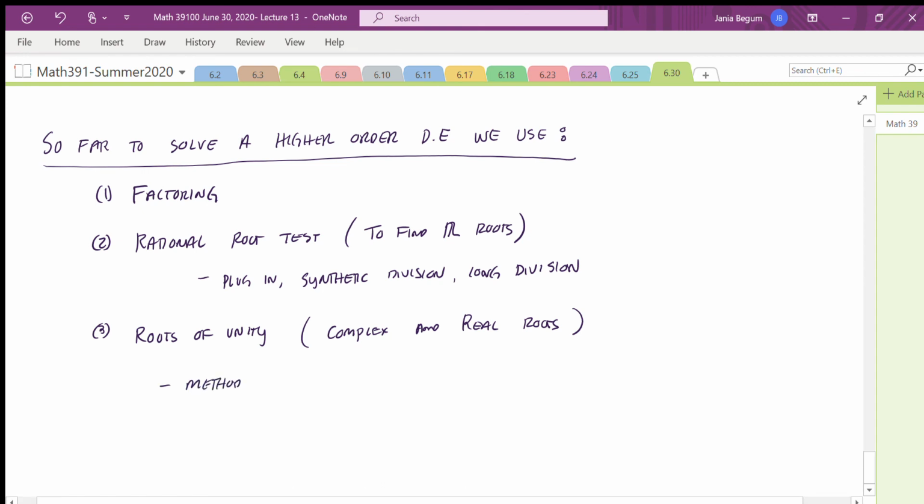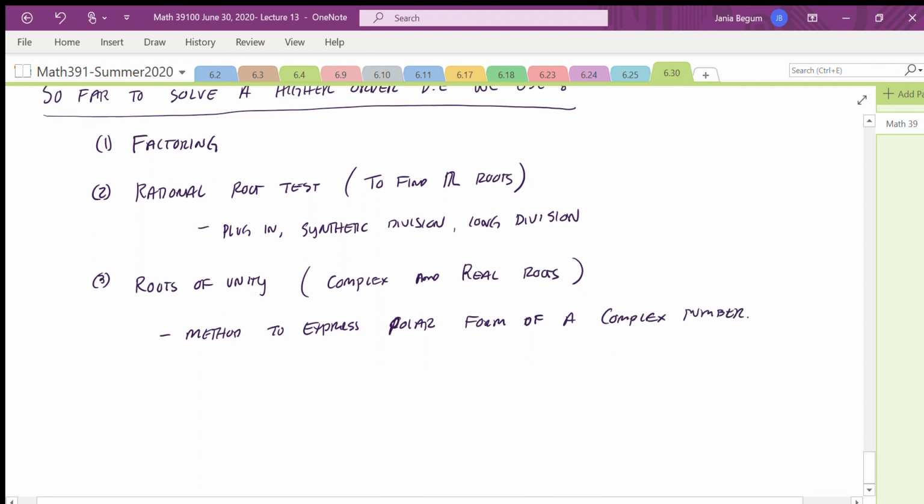Roots of unity is a method to write, and I don't know if you guys heard this in any of your previous courses, a method to express the polar form of a complex number. Briefly, let me tell you what I mean.